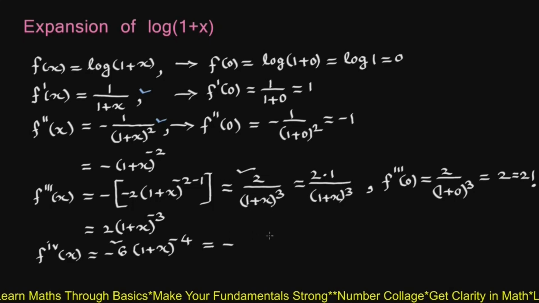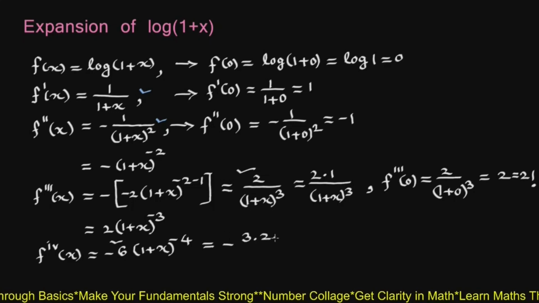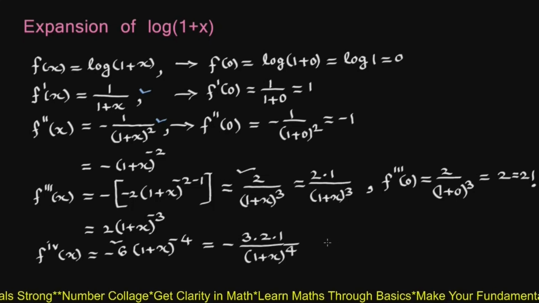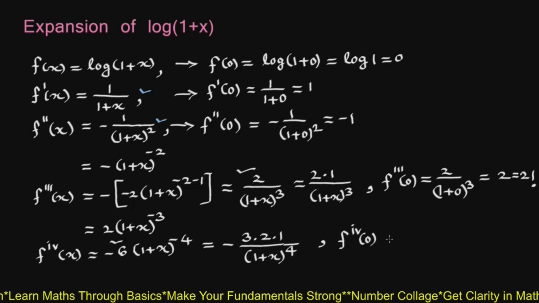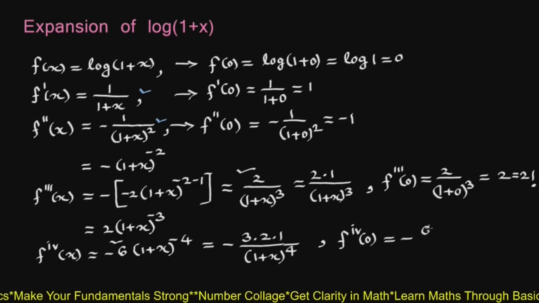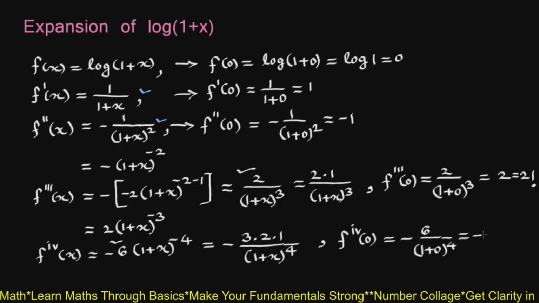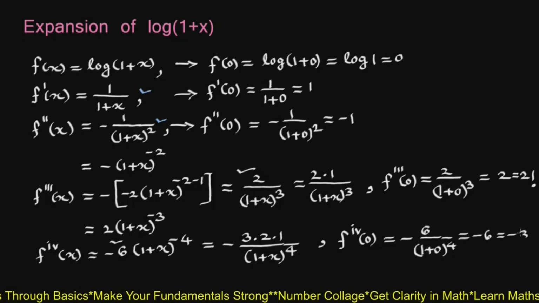We write this 6 as 3 into 2 into 1, so the fourth derivative at 0 will be -6/(1 + 0)⁴, that is -6, which we write as -3 factorial.